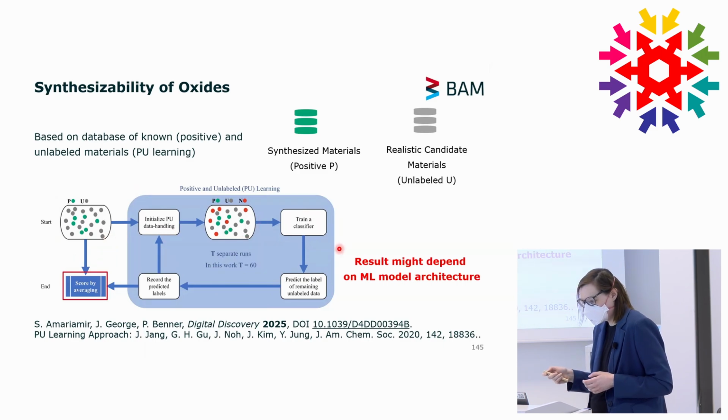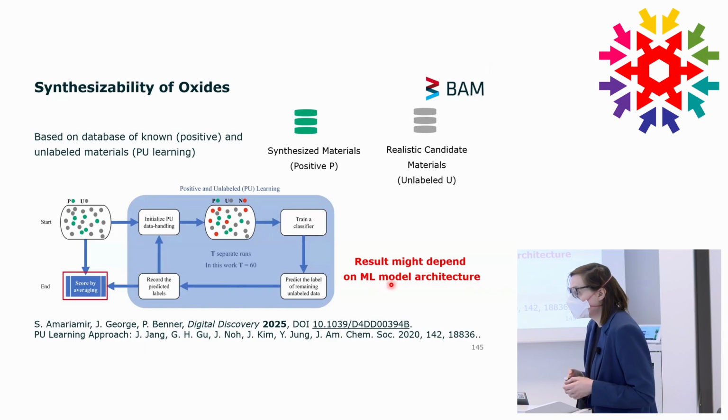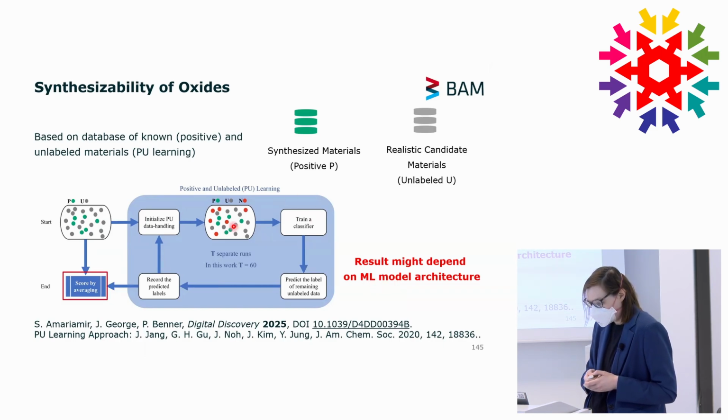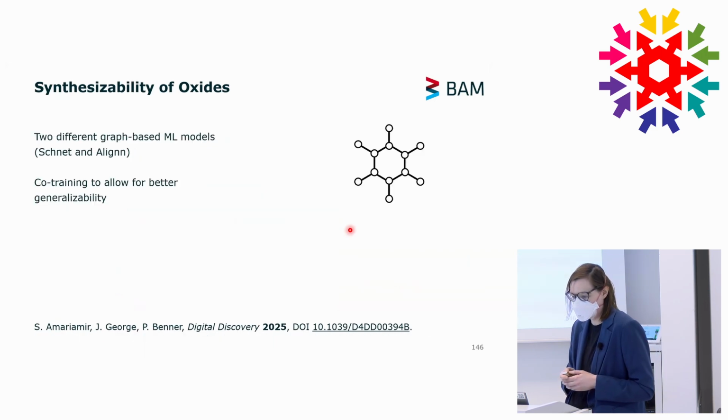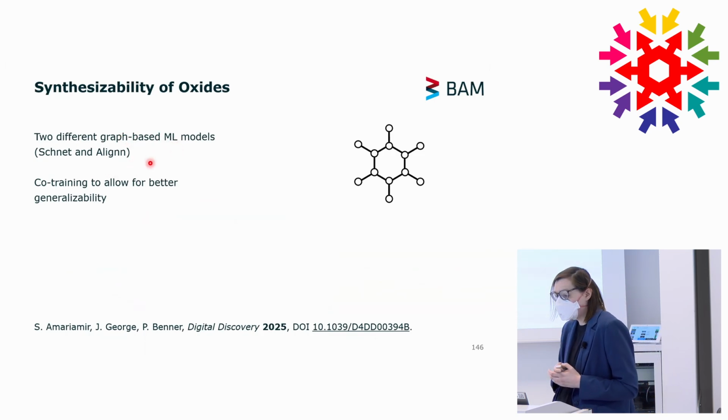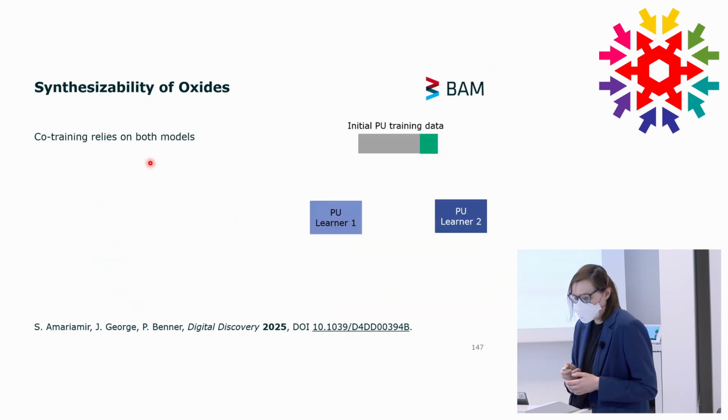But one problem is that we actually do not know what a perfect model architecture for this should look like. And that's why we went beyond this PU learning approach and introduced dual training in that case. So we used two different graph-based machine learning models, Schnet and Align, and we did co-training. How does it work?